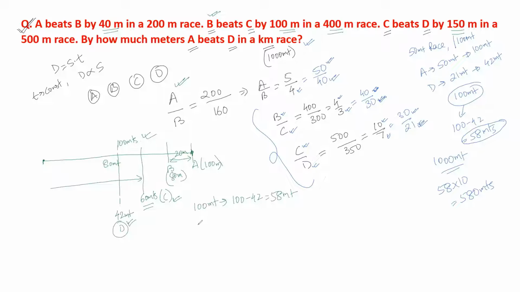So in a 1 kilometer race or 1000 meter race, A would beat D by simply 58 into 10, that is 580 meters. So either we can simply write the ratio of the speeds of these persons and proceed in this way, or we can simply think logically in this way to reach the answer.